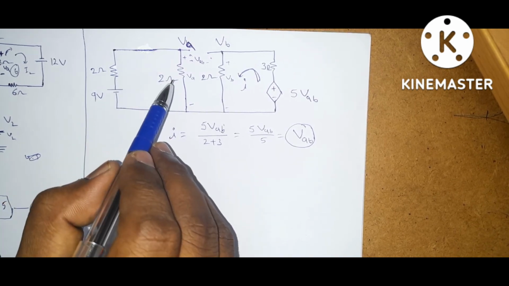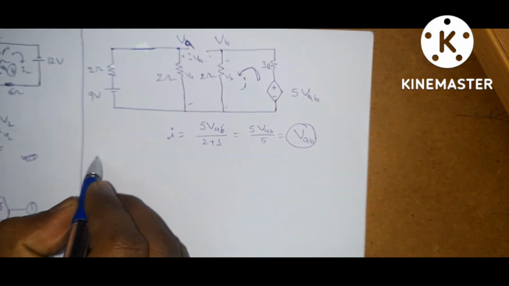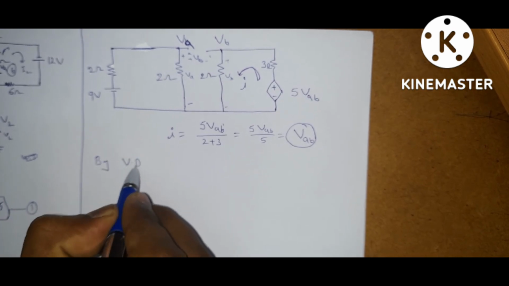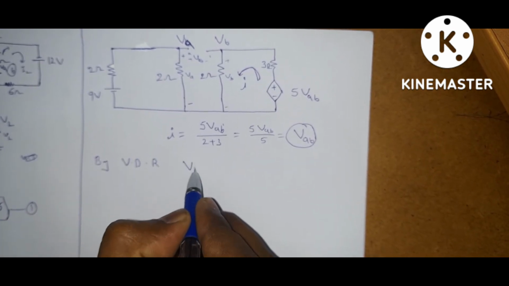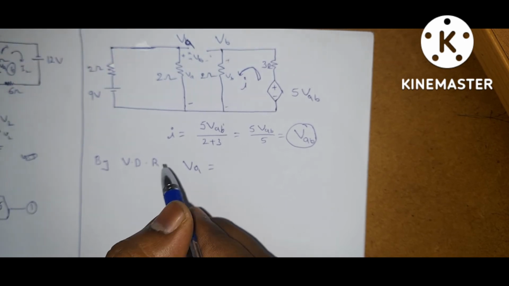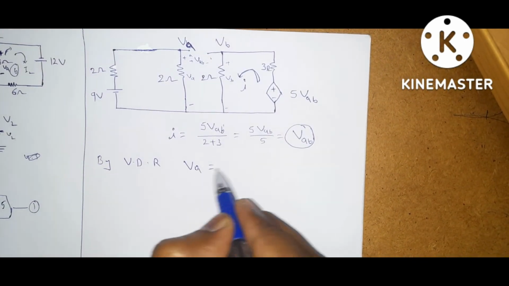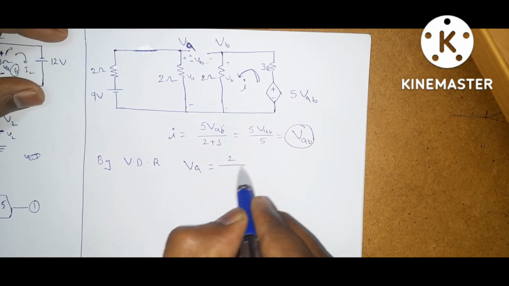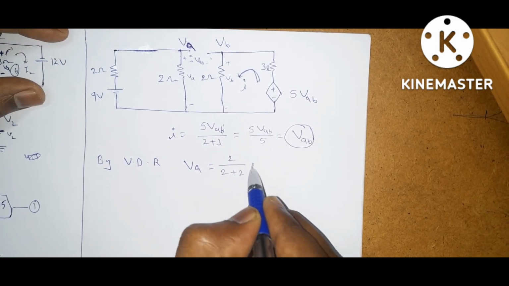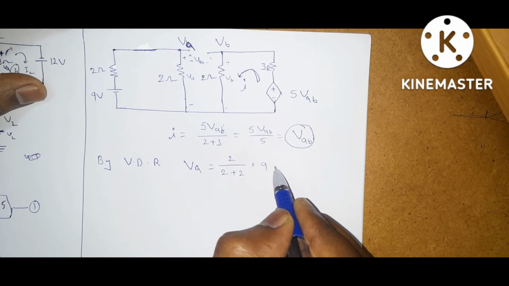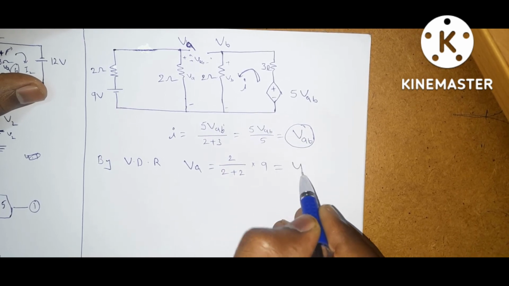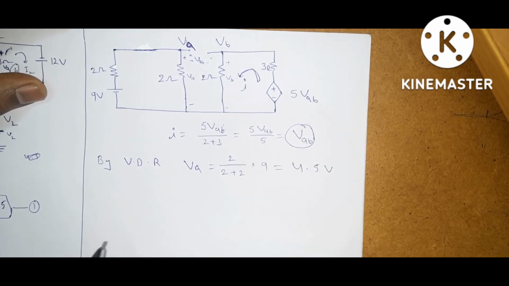So we can apply the voltage division rule. VA is equal to the same resistance by total resistance into total voltage. If you solve this, you will get VA is equal to 4.5 volts.